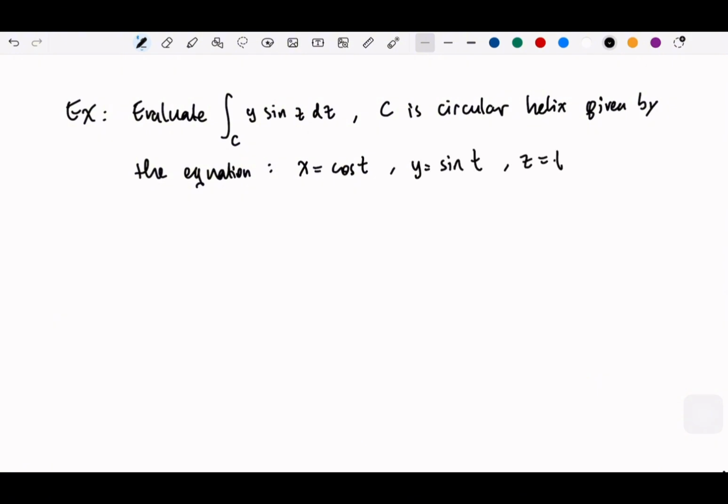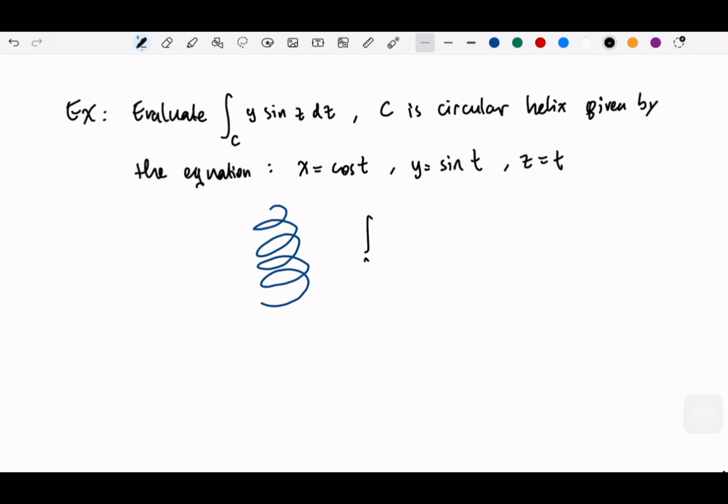And z equals t. So if you remember this, in the xy plane it's a circle, but since it's increasing with every increment of t along the z axis, the circle is going up and up, like a DNA. So it's going up like that, a circular helix. Maybe not really proportionate, but this is supposed to be how it looks.